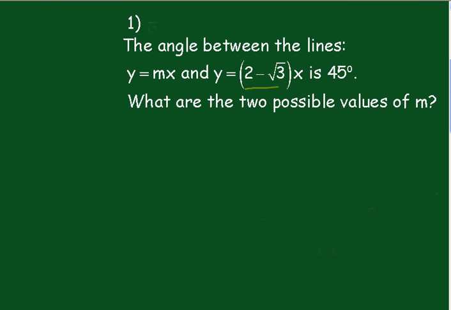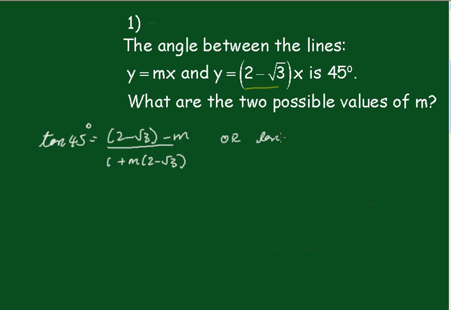Okay. Now we know that the tan of 45 degrees is equal to (2 minus root 3 minus m) over 1 plus m(2 minus root 3), or the tan of 45 degrees is equal to (m minus (2 minus root 3)) over 1 plus m(2 minus root 3).